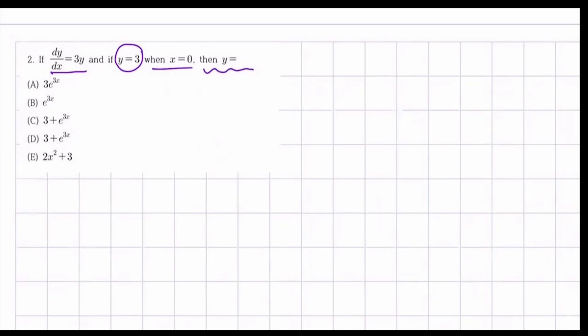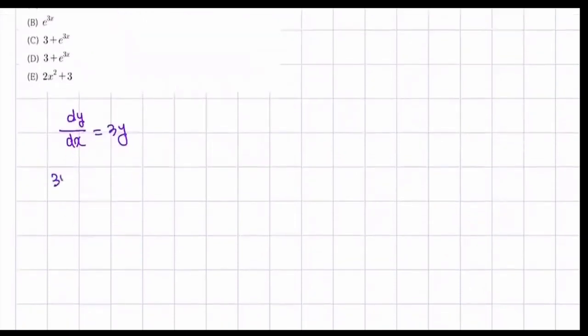To solve this problem, you should separate variables respectively like this. This is dy over dx, 3 times y. Move this: 1 over 3 times y dy equals dx. Integrate on both sides: integral 1 over 3 times y dy equals integral dx.